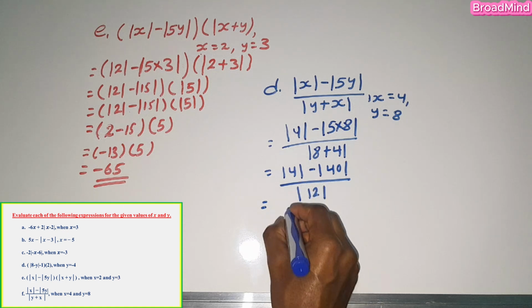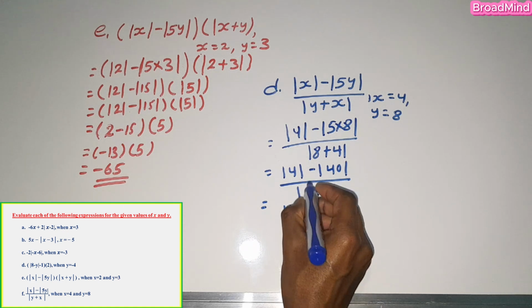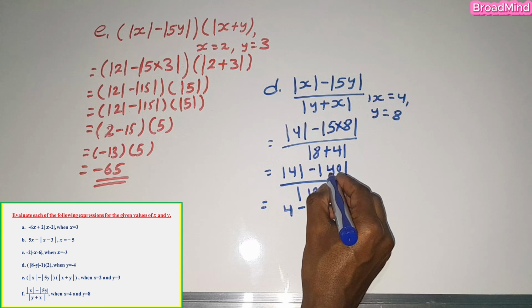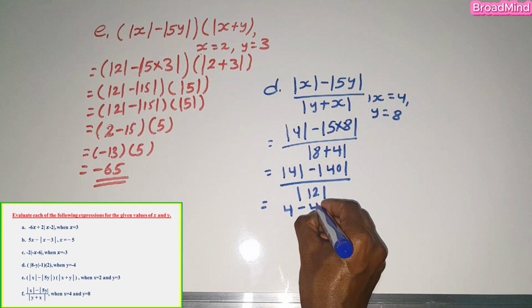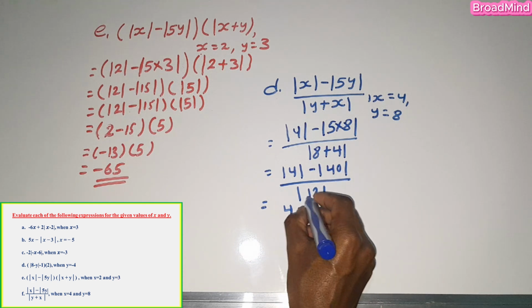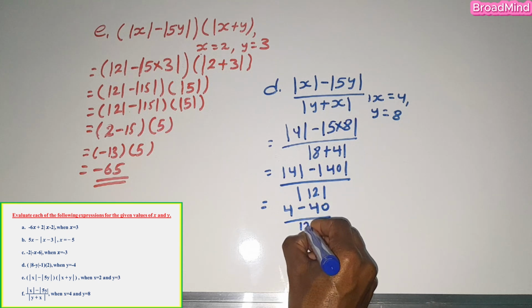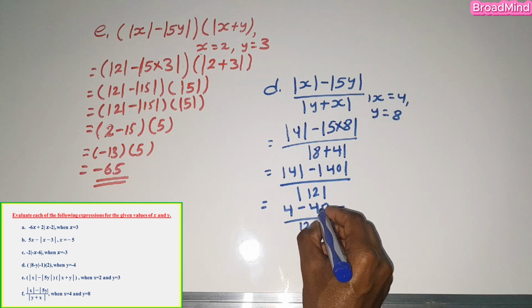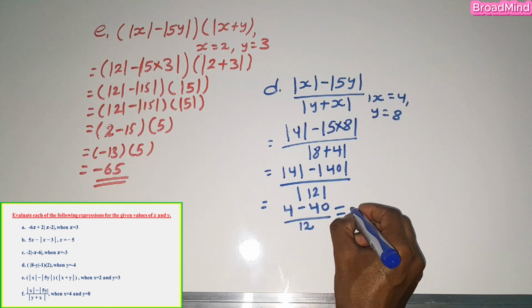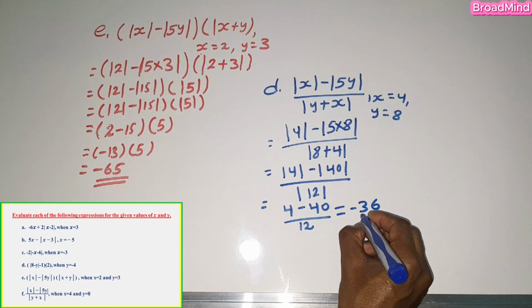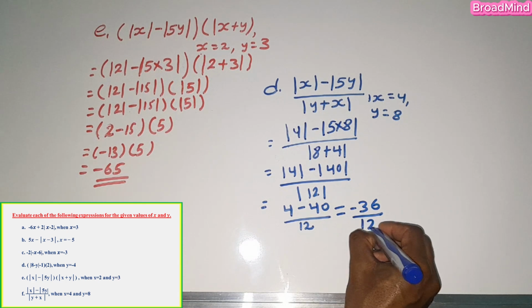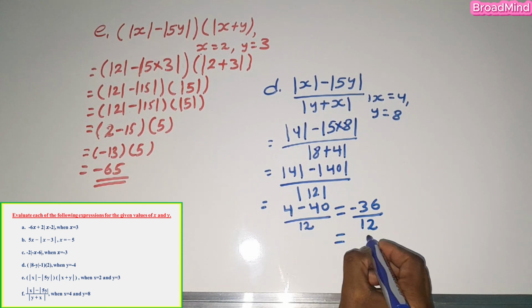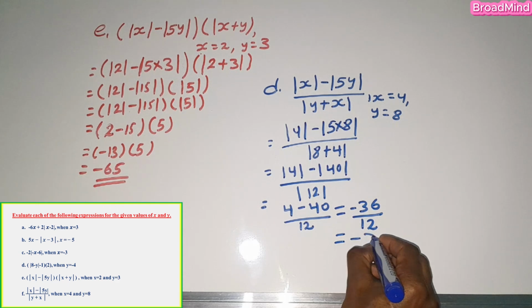Absolute value of 4 is 4 minus absolute value of 40 is 40, absolute value of 12 is 12. Then this is equal to 4 minus 40 is equal to negative 36 divided by 12. Then this equals negative 3.